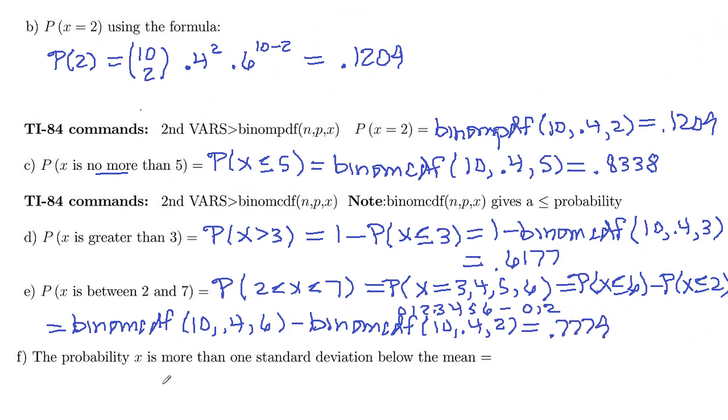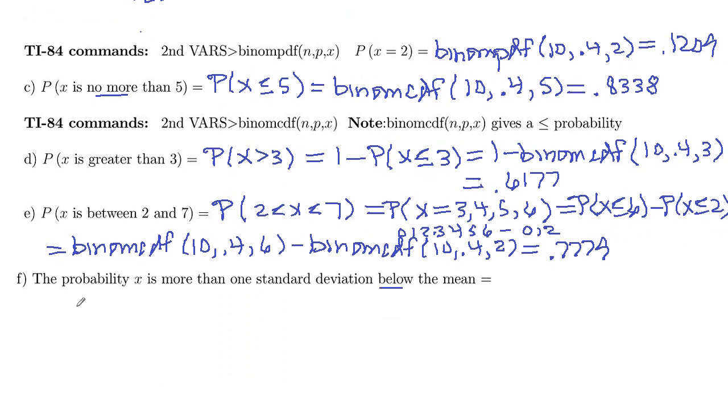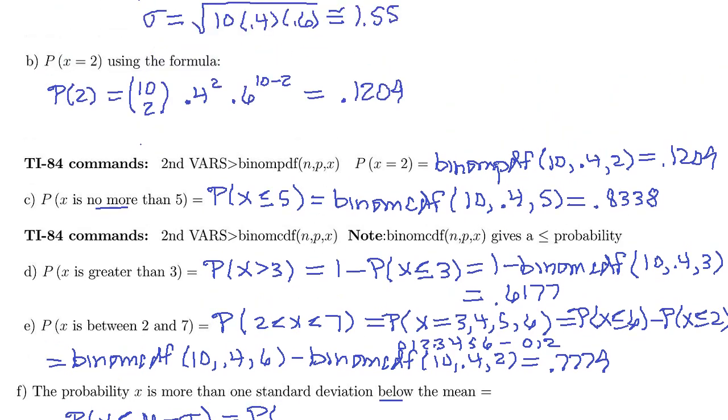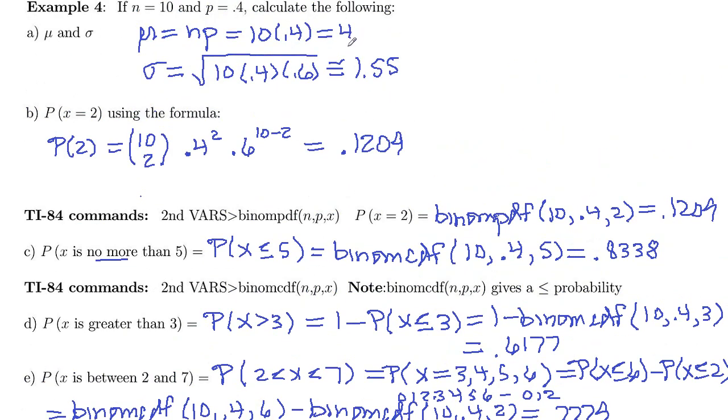And then the probability x is more than 1 standard deviation below the mean. So that's saying probability that x is less than the mean minus sigma. Well, we know what mean and standard deviation are here. Our mean was 4 and standard deviation 1.55.